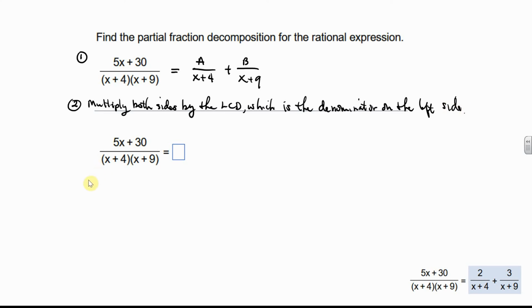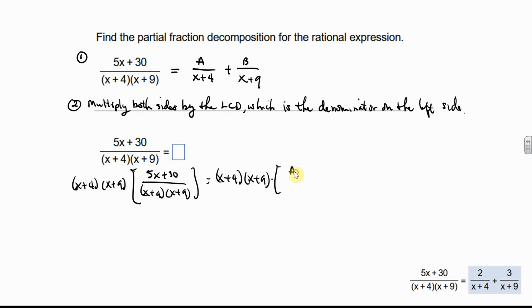So for that step, we're going to say x plus 4 times x plus 9, times the left side, 5x plus 30 all over x plus 4 times x plus 9, equal to x plus 4 times x plus 9 times A over x plus 4, plus the LCD, x plus 4 times x plus 9, times B over x plus 9.